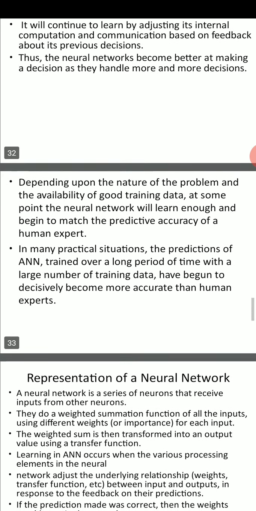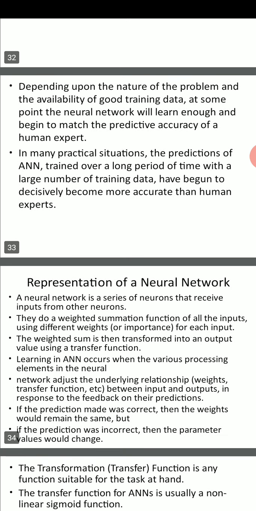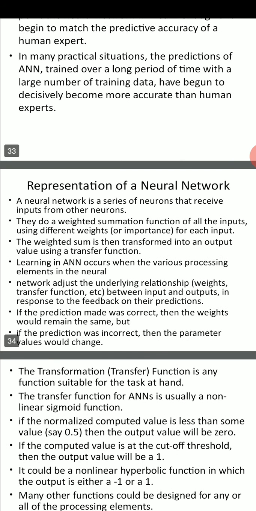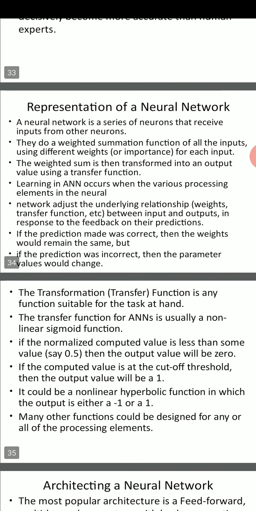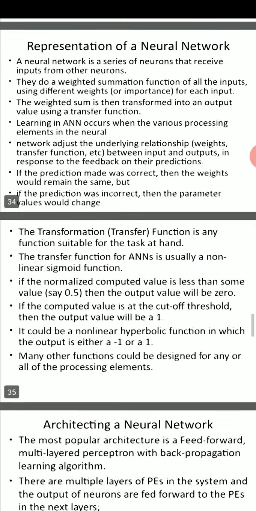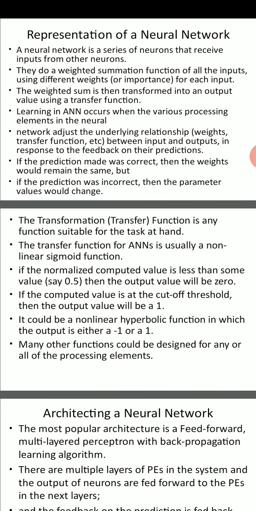In many practical situations, the predictions of artificial neural networks trained over a long period of time with a large number of training data have begun to decisively become more accurate than human experts. A neural network consists of a series of neurons that receive input from other neurons.